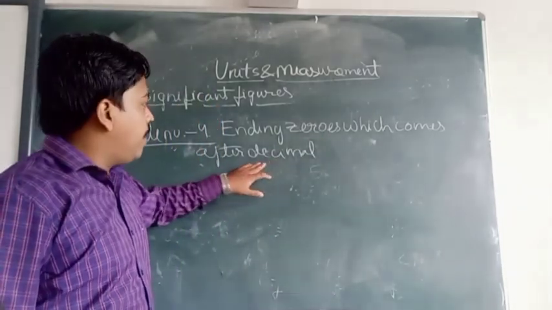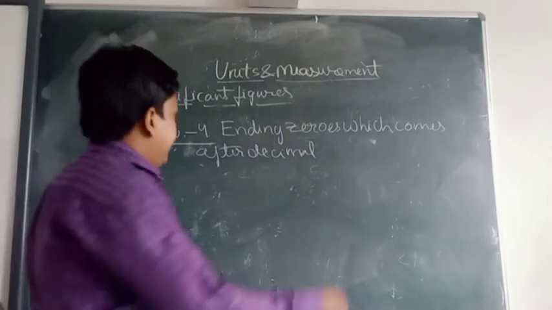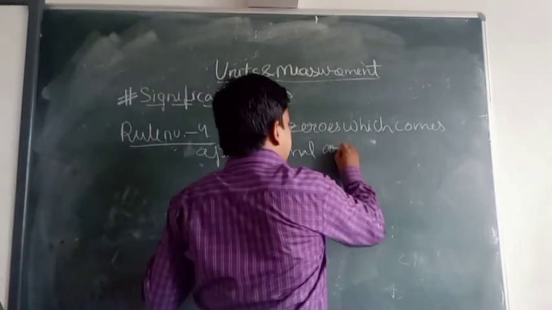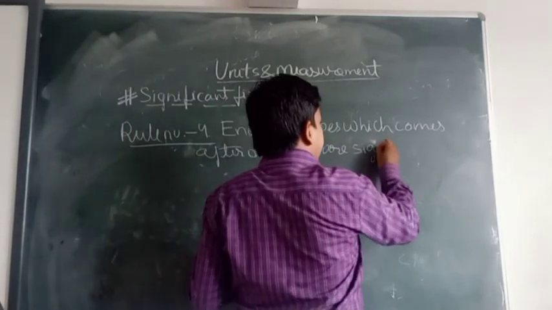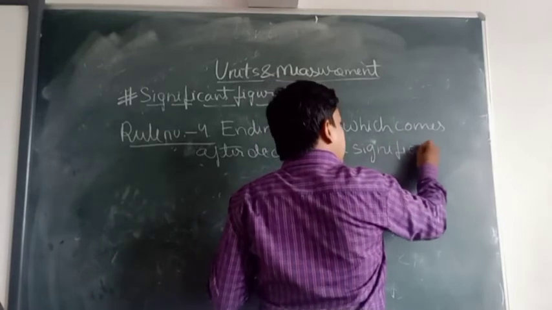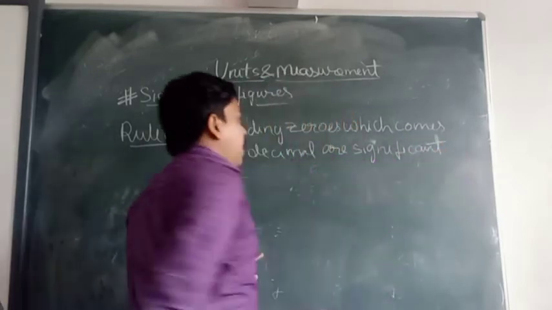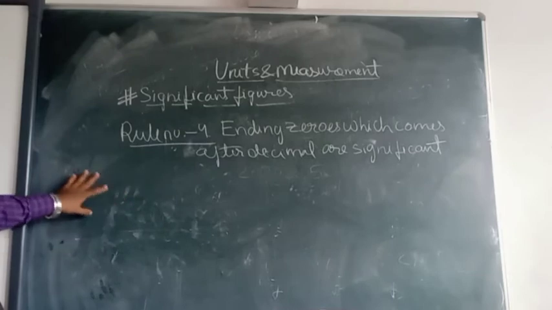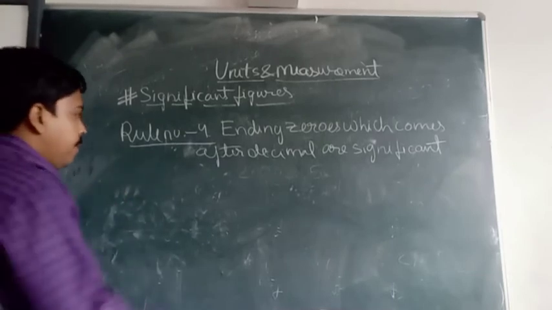I am talking about after decimal. After decimal they are significant. So ending zeros which are coming after decimal are supposed to be significant.